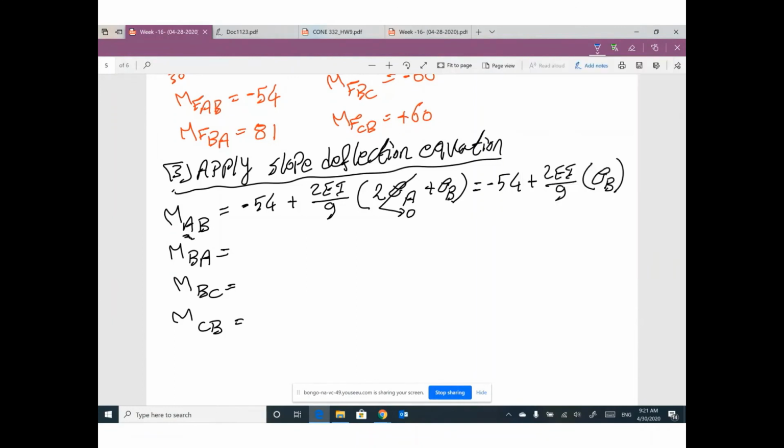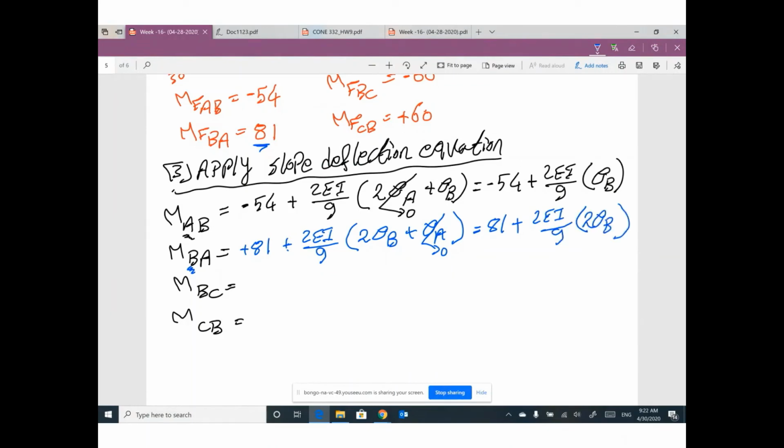Everything's the same. MBA will be M fixed BA positive 81 plus 2EI divide 9 times 2 theta B plus theta A. I think theta A is 0. So the final shape of this equation will be 81 plus 2EI divide 9 times 2 theta B.